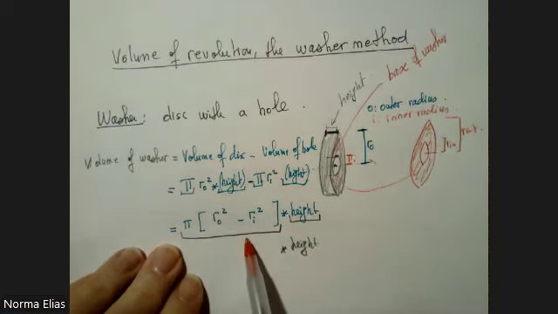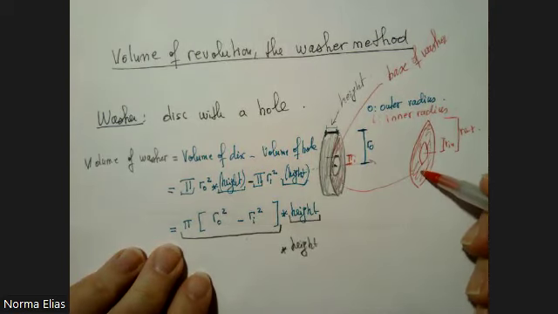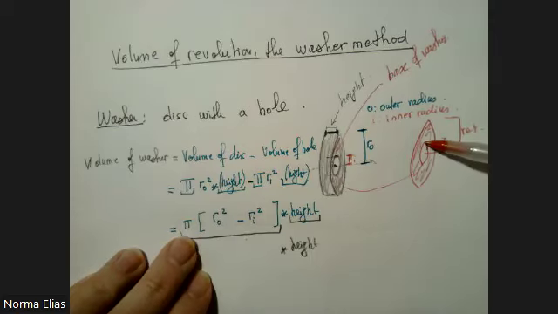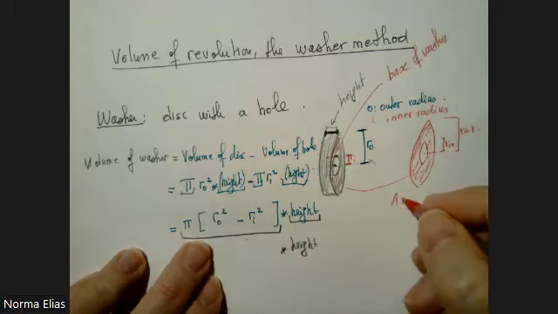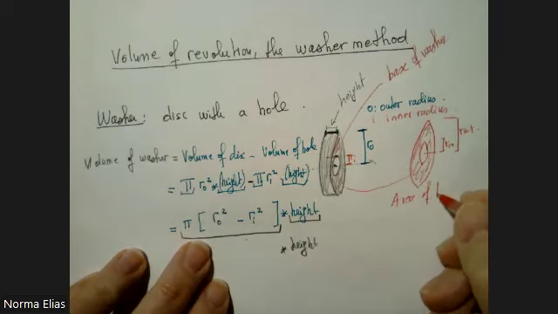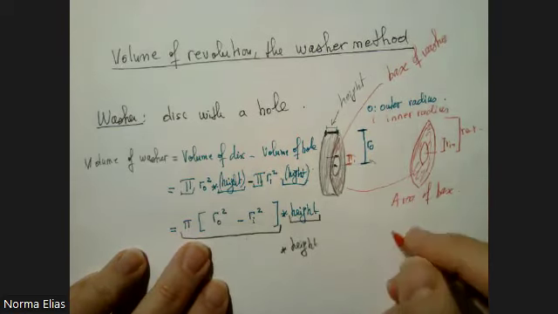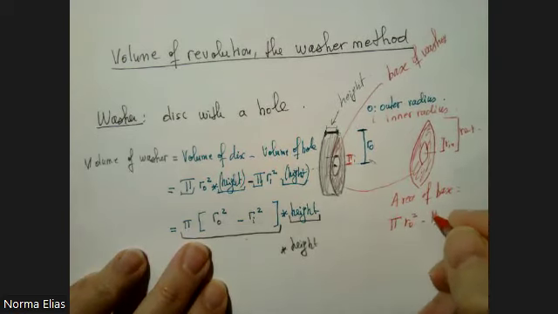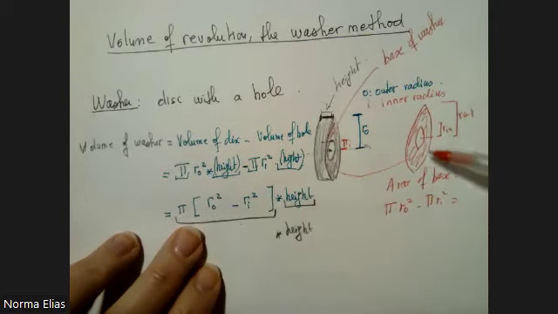This piece right there actually represents the area of the base. What's the area of the base? It's pi times the outer radius squared minus pi times the inner radius squared, because it's the area of the big circle minus the area of the small one.